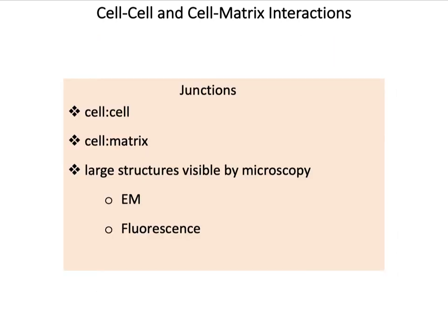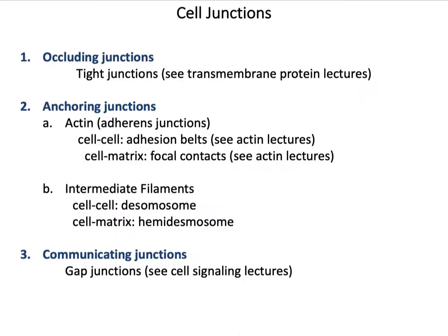The way in which cells interact with each other and the matrix is through structures known as junctions. And these are a large collection of proteins with very large structures that are visible by microscopy. Definitely visible by electron microscopy, and they are often visible by fluorescence microscopy, especially if you have the right fluorescence reagent and specific antibodies to view the various components of the junction.